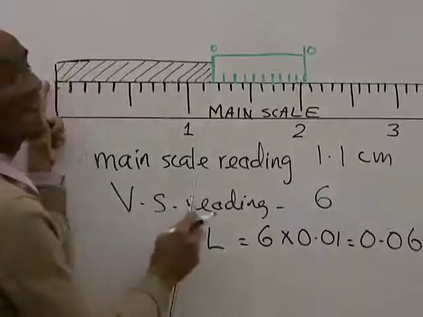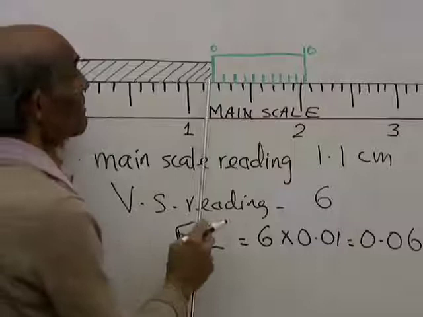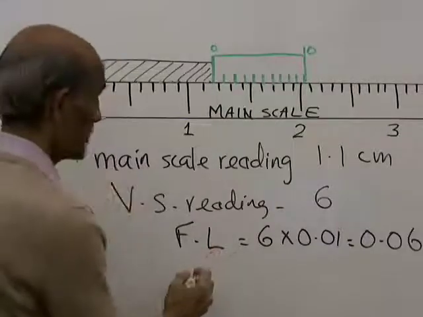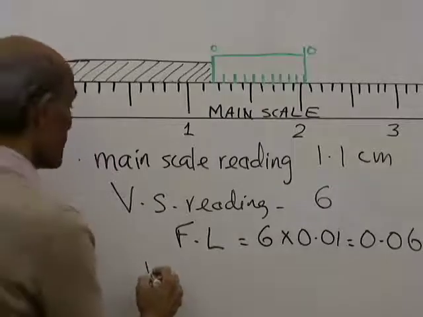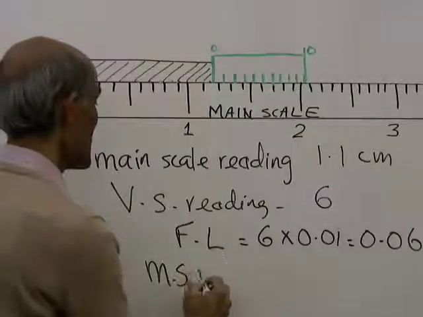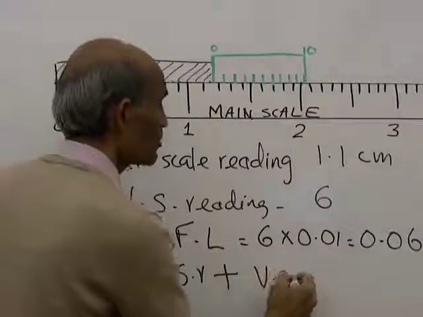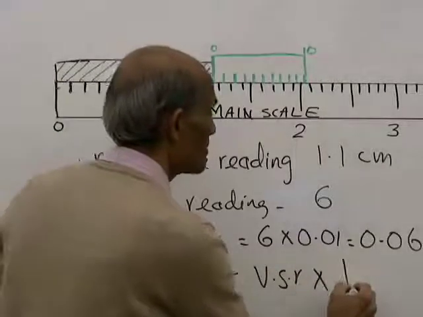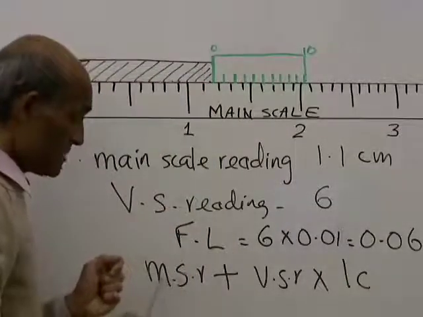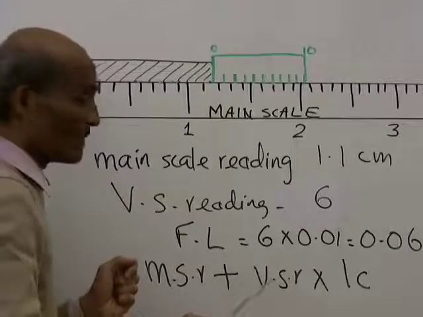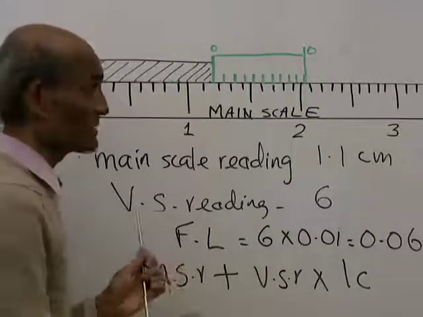Therefore, what is the length of the object? It is 1.1 plus 0.06. So to obtain the correct length, we say main scale reading plus vernier scale reading multiplied by the least count. Look at that again. Main scale reading plus vernier scale reading multiplied by the least count.